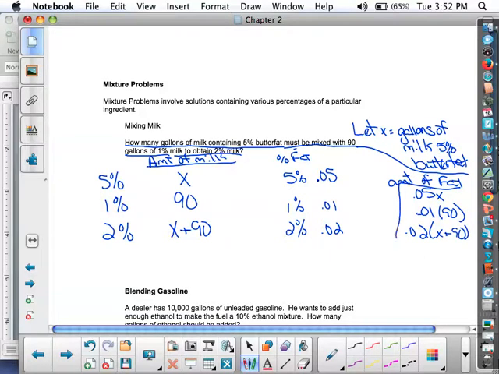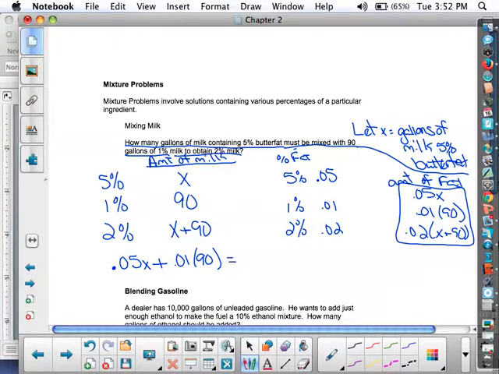And my equation is actually, again, right here. So I'm adding 5% times x gallons of butterfat plus what I have, which is 90 gallons of 1% milk.